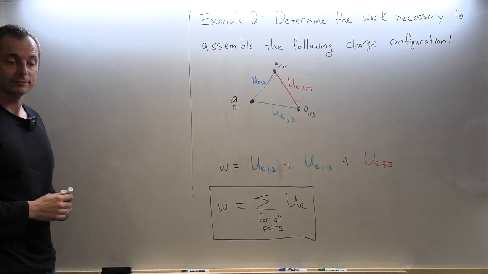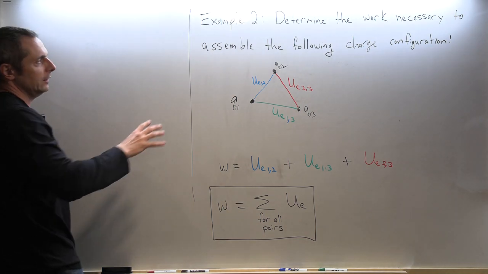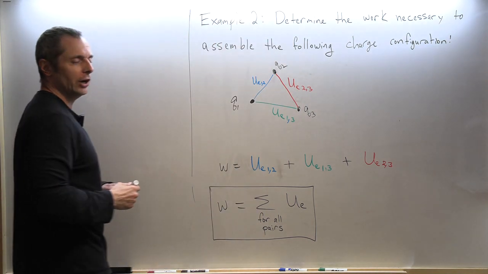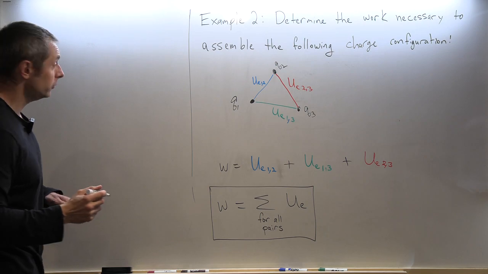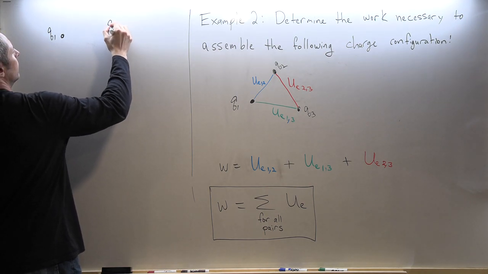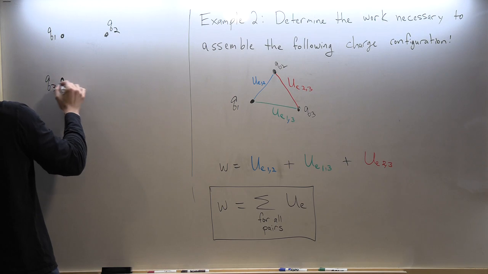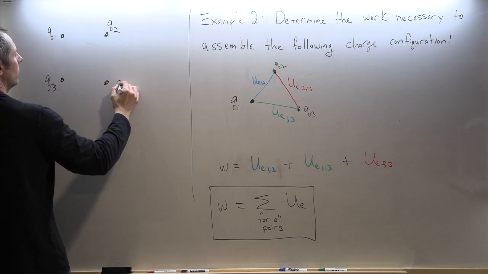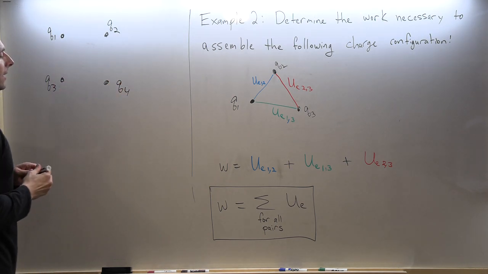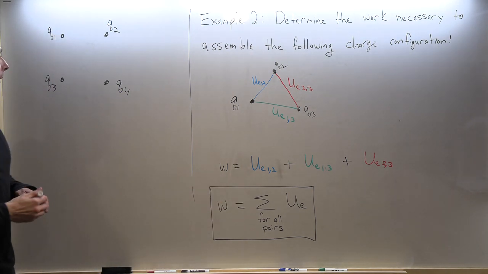Okay. Now, one final point, I want to just point out that calculating the work to assemble charges can get pretty tedious pretty quickly. Let's suppose you had 4 charges. So you add up the potential energy for all pairs.